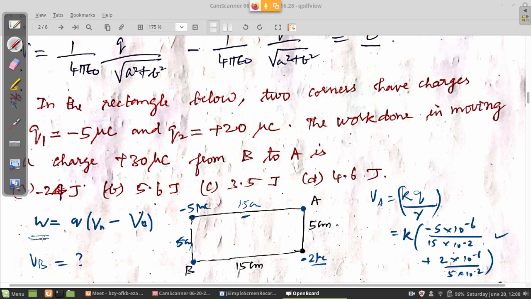Okay. So first tell me what is the VA value, potential at A. Already I have written the expression for that. Just calculate and tell me.